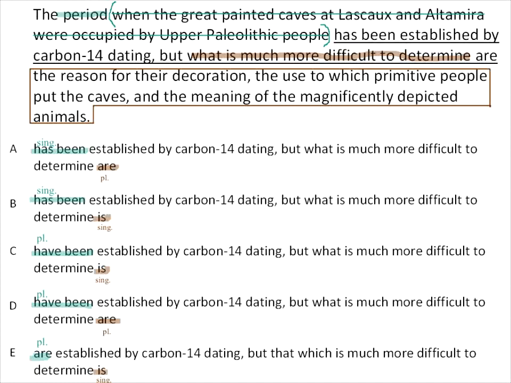Okay, this is a list. This list is indivisible. This list must be treated as one piece. So it's impossible for just the reason to be the subject of anything. So you can't treat the reason by itself as a subject.